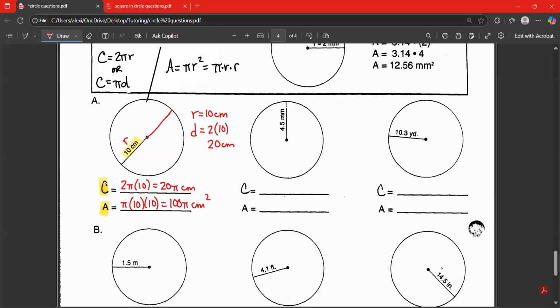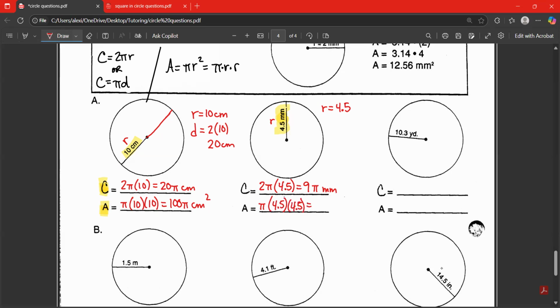All right, let's try the next one. Now we're given 4.5. Well, what does this 4.5 represent? It represents the radius. Let me see if it'll let me highlight this thing. There we go. So this is the radius. So radius equals 4.5. Automatically, I can find circumference and area. Circumference is 2 times pi times radius. And this is 9 pi millimeters. Area is pi times radius times radius.